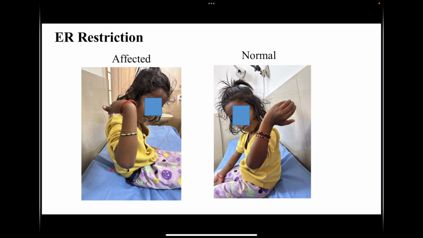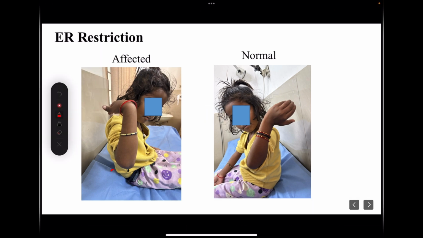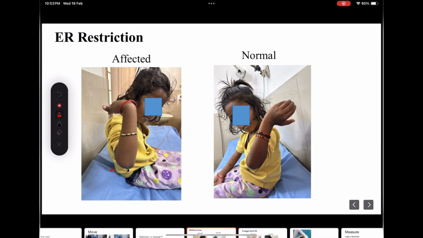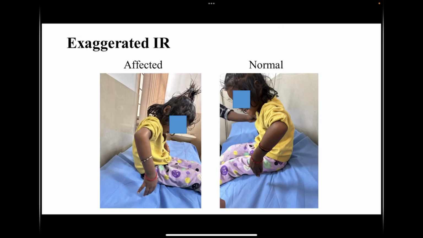This is the difference between deformity and attitude that you should always keep in mind. During the movement part, we also measured rotations around the shoulder. When we compared the external rotation of the affected side, it was less compared to external rotation on the normal side. So external rotation was restricted, and internal rotation was found to be exaggerated.